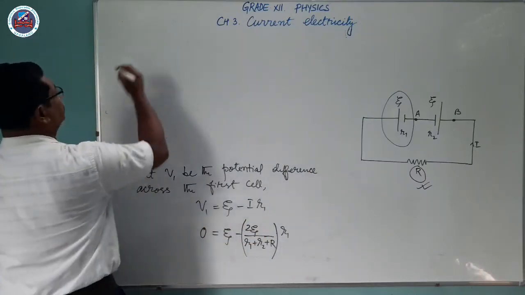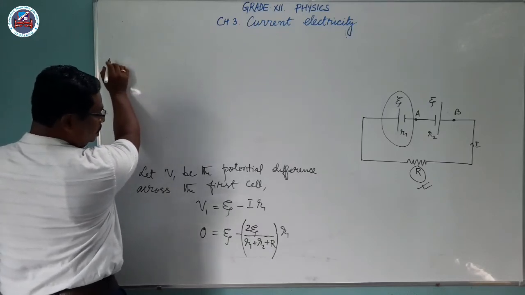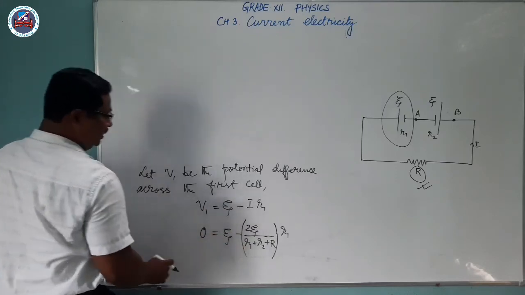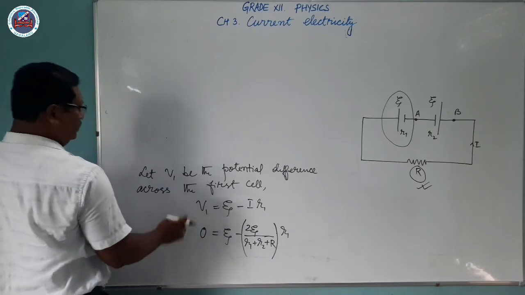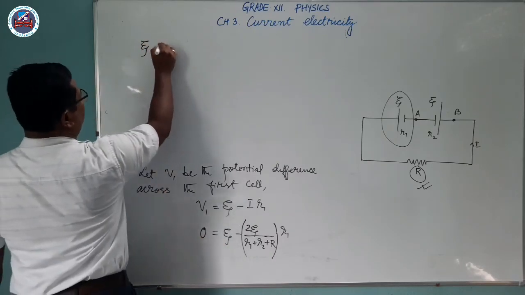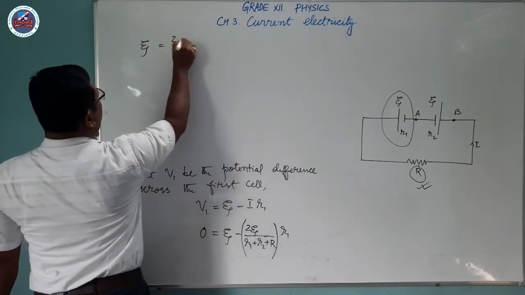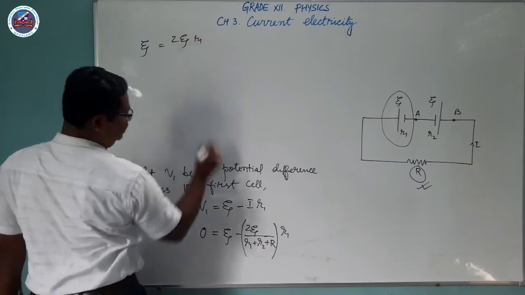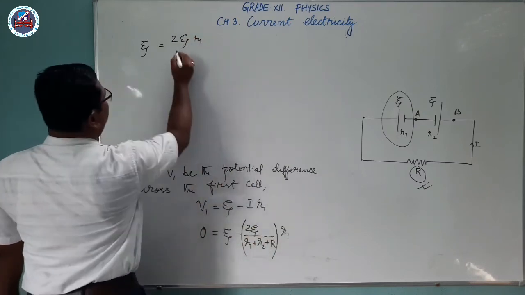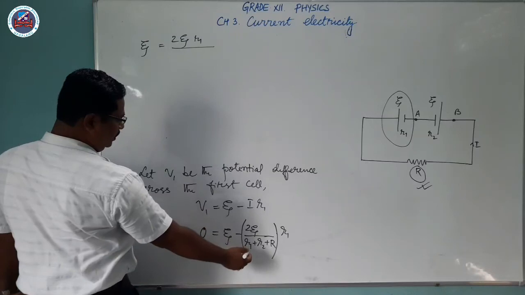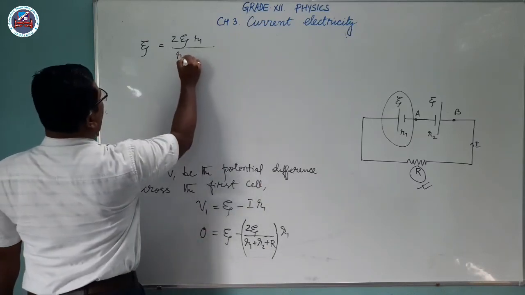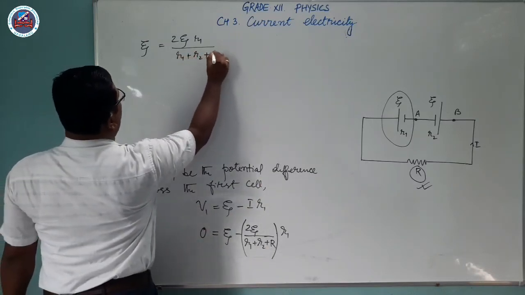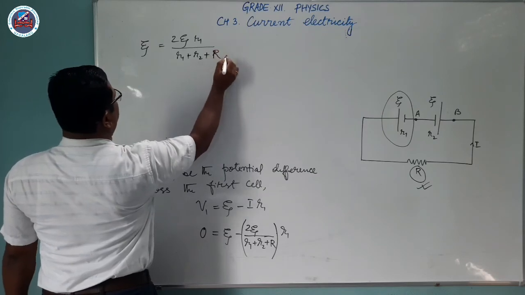You can take the minus term towards your left: epsilon is equal to 2 epsilon R1 divided by R1 plus R2 plus R, the external resistance.